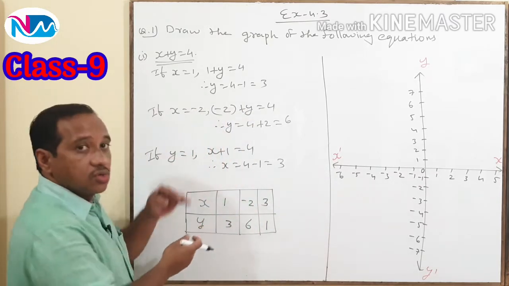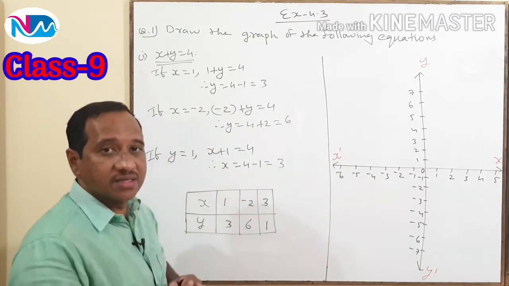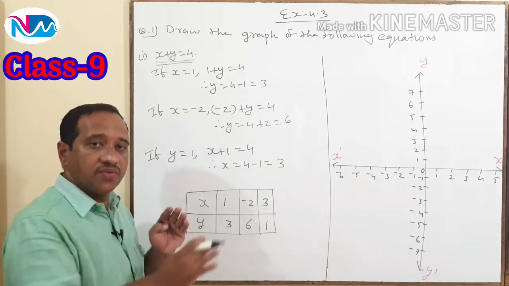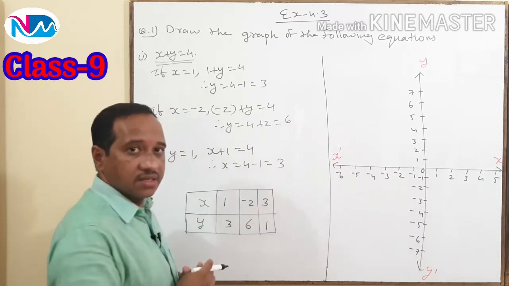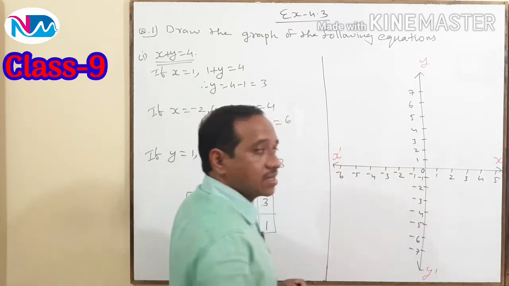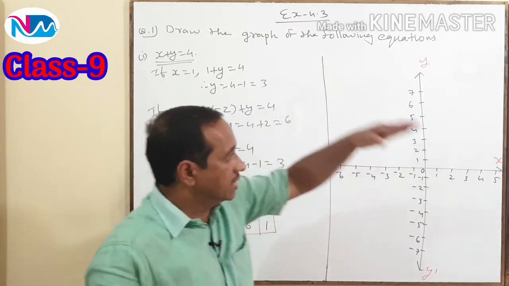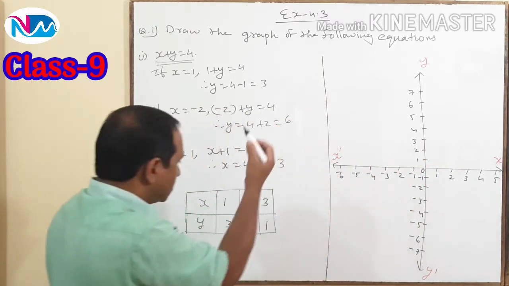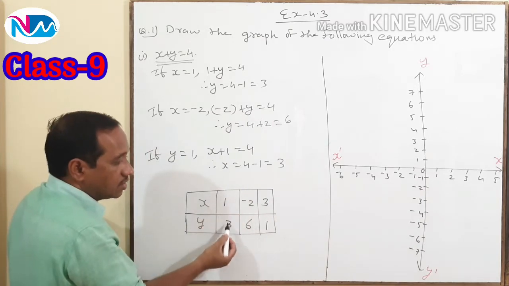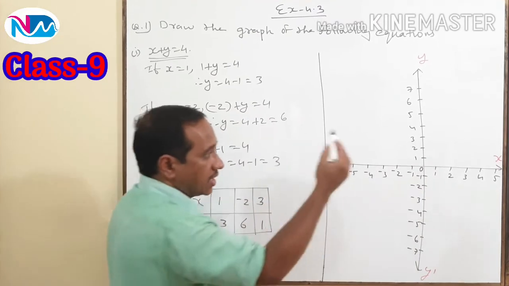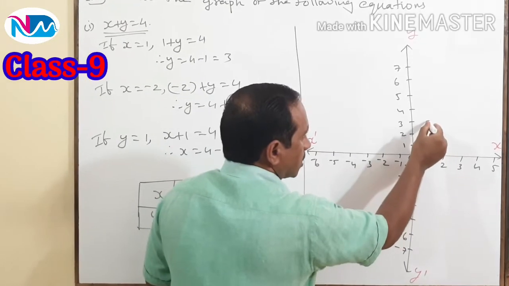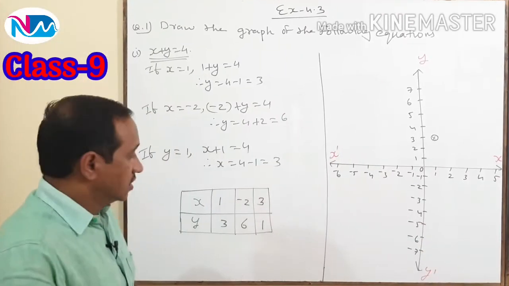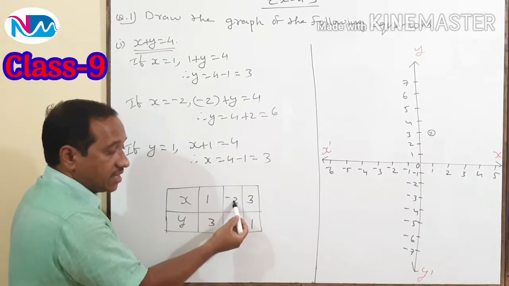Now these 3 solutions are going to be considered as the coordinates of 3 different points, and we will plot them in a Cartesian plane. Here I have made the Cartesian plane by drawing the x-axis and y-axis. Here the first point is x coordinate 1, y coordinate 3. It will be approximately here. Second point is minus 2, 6.